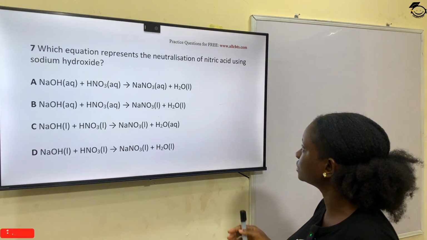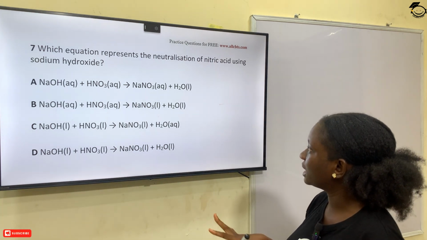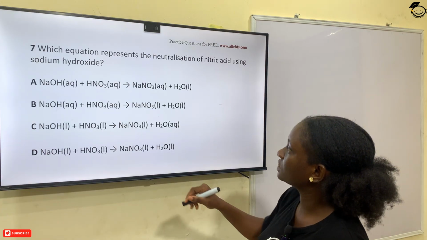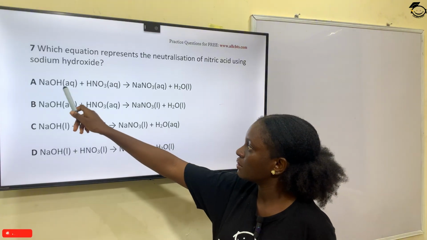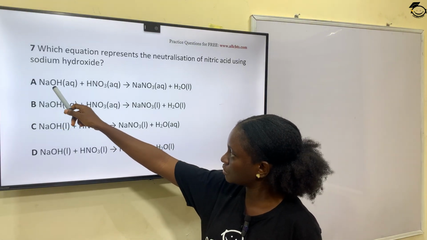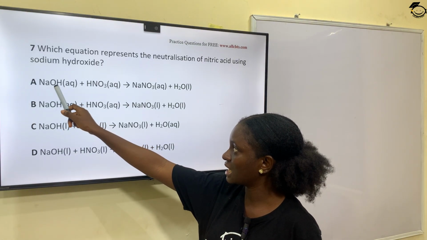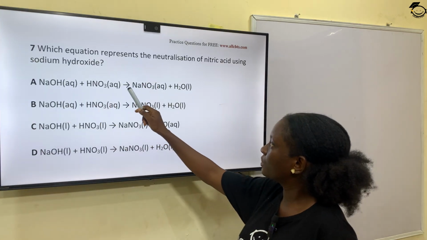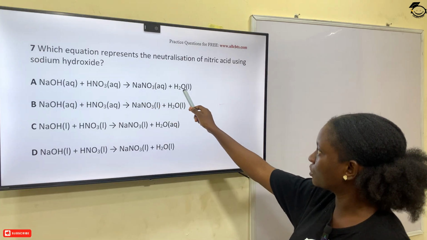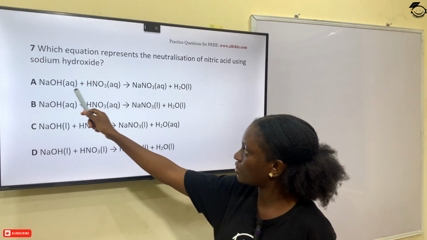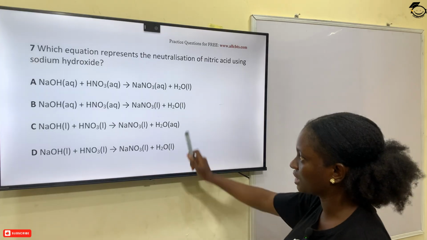The only option that exhibits a neutralization reaction is the reaction of the acid, which is HNO3, with sodium hydroxide, that's the base, to give sodium nitrate, that's NaNO3, plus water. So this is correct. Option A is the correct answer.